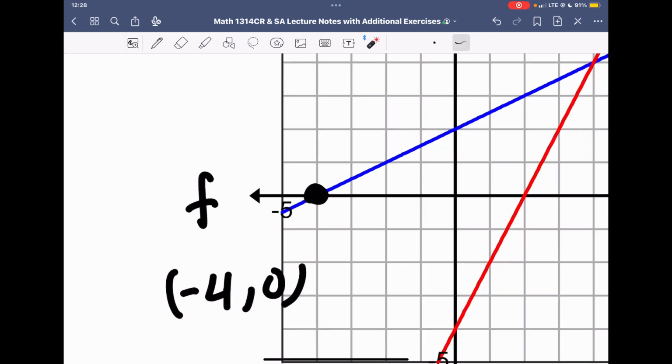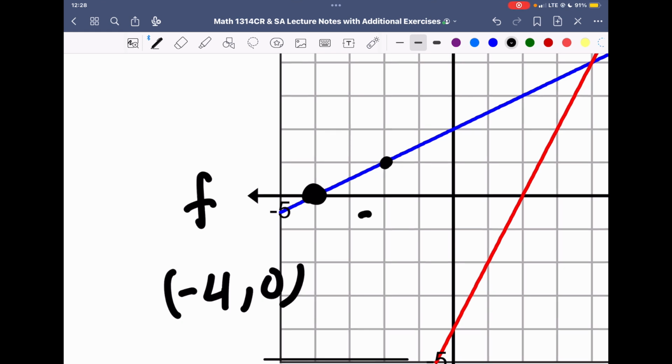You know they're exact values when they go through like a cross like that. See how it goes through right there? That's an exact value. You don't want to pick something like right here because those are all estimates. Let's pick another point here. So this is going to be -2, 1. And we'll pick another point here. This is going to be 0, 2.